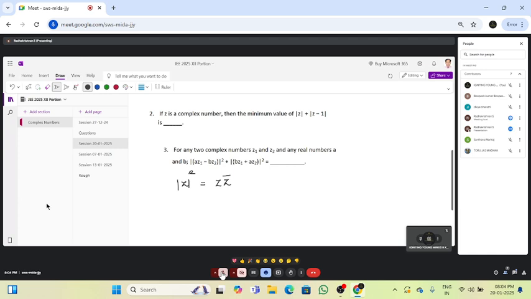You just apply that concept here, so this mod will become, yeah, apply that and you will get it. Plus similarly.